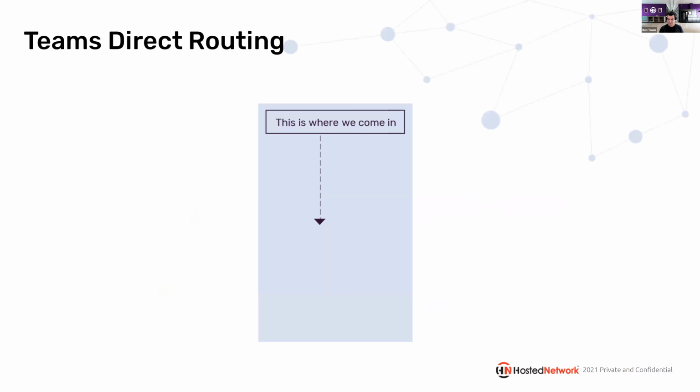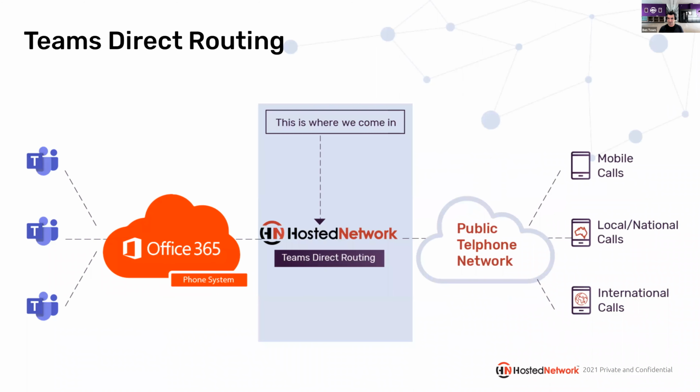And then you've got Teams direct routing. Teams direct routing is basically the same as a SIP trunk. It is how you enable Teams to replace your phone system. I won't go into too much detail, but if you wanted to get rid of your traditional desk phone and move entirely to Teams, then you can connect Teams to the public telephone network via us.